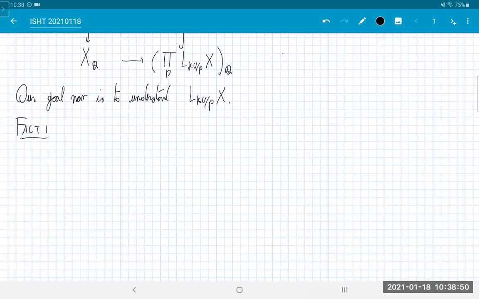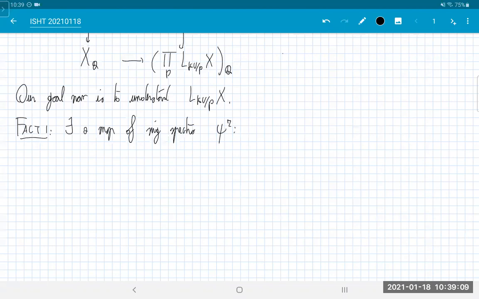So fact one, there exists a map of rings, of ring spectra, and so far in this class I've only defined homotopy ring spectra, so you can think a map of homotopy ring spectra, but in fact it's even a map of infinity ring spectra if you have this definition.